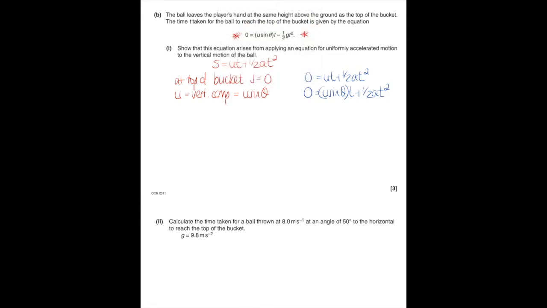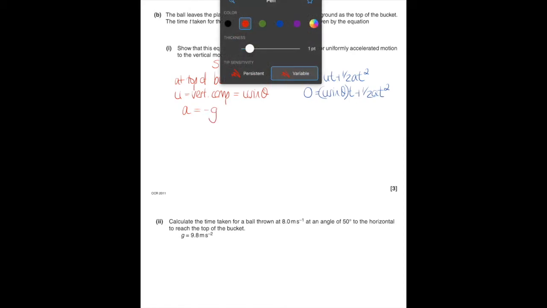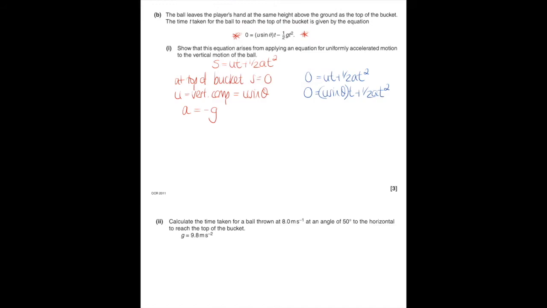Okay. What else do we know? Well, we know that in this case, because the ball is being thrown upwards, A is equal to minus G. So when we put that in as well, what we then end up with is 0 equals U sine theta t minus half g t squared. There we have it.